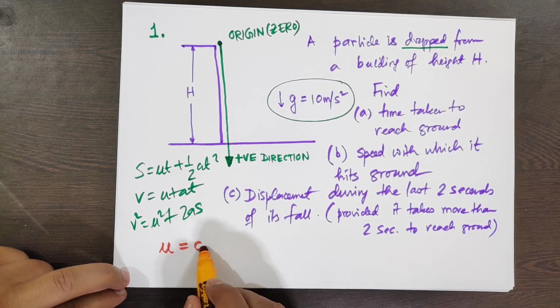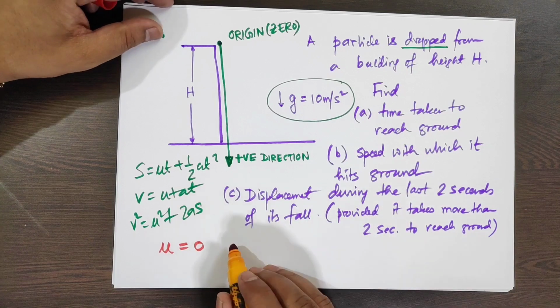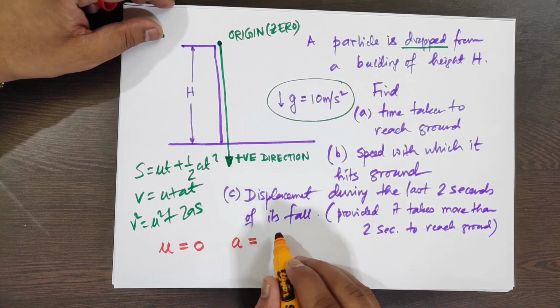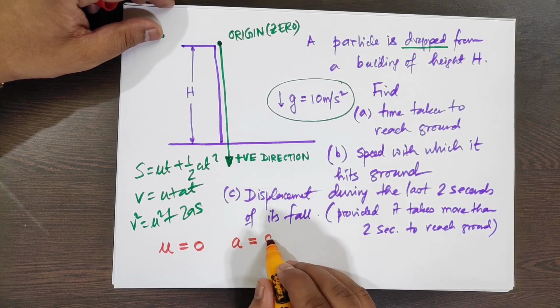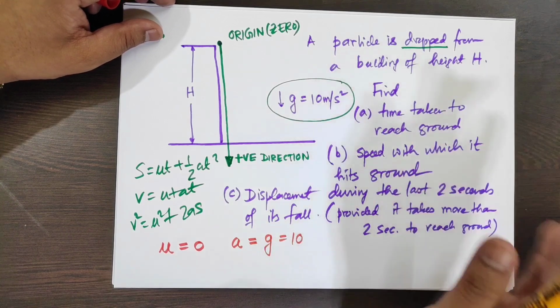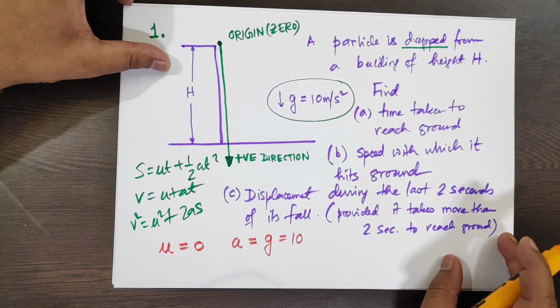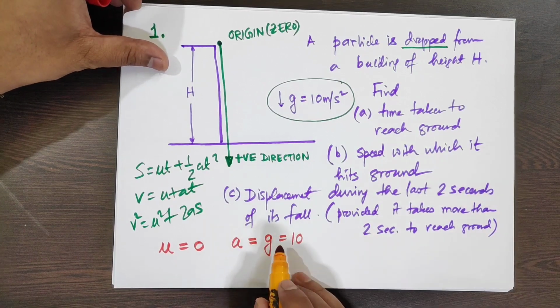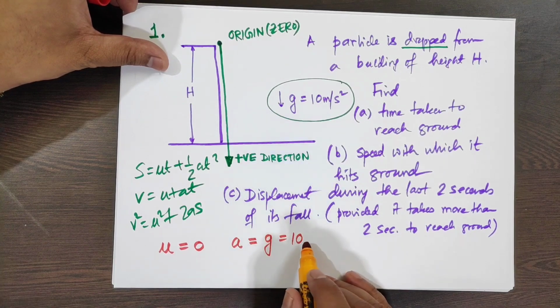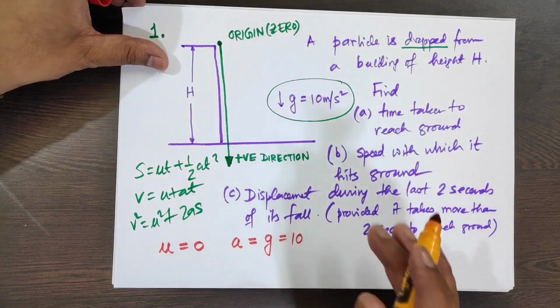First I'll set up the problem. So u is equal to 0, it's given. And a is equal to g, or a is equal to 10, whatever. Height is given as h, and we'll keep it here as g only.